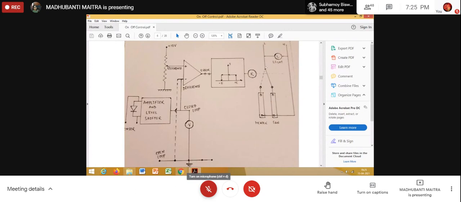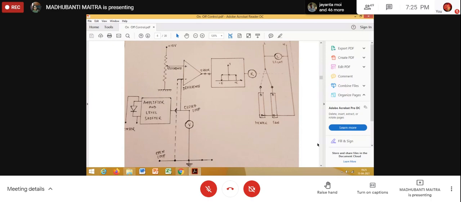Relay is energized. So that means if this armature is at this point, then only the circuit will be closed, right? So that's why after 15 minutes, we have removed the heater plug and we have connected the fan plug at the heater socket, not in the fan socket. Is it clear?